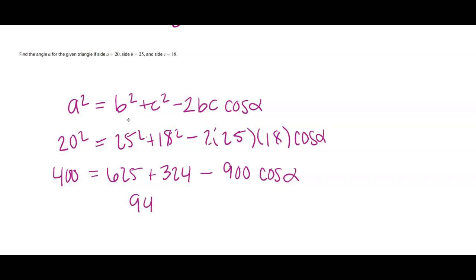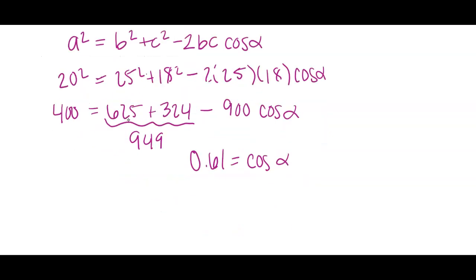So this is 949. When I subtract that over and then divide by negative 900, I get 0.61 equals the cosine of alpha.